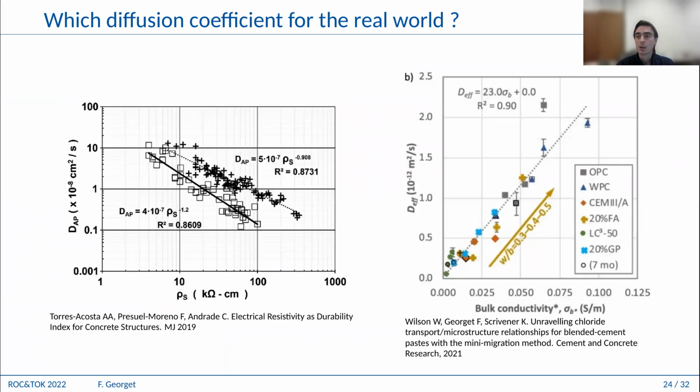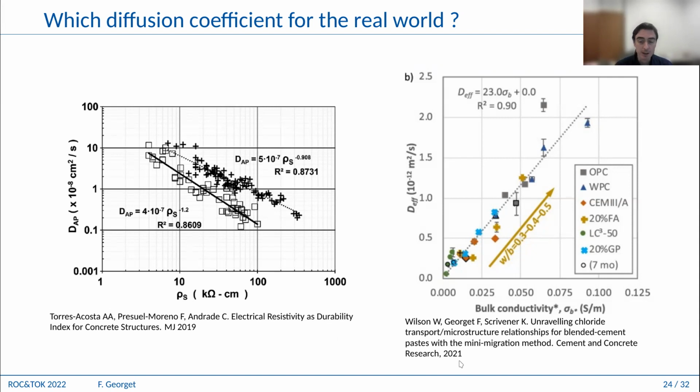No. And in fact, this is related to our first point. It has been shown in many publications, and reviewed in this review paper, that the apparent diffusion coefficient is often very well correlated to the conductivity of your sample.